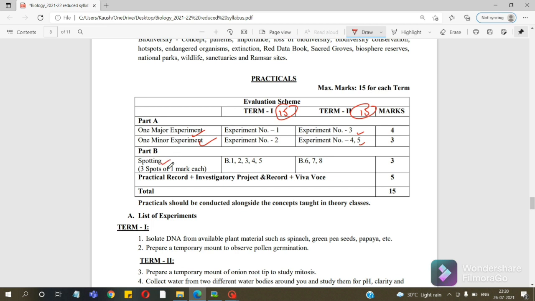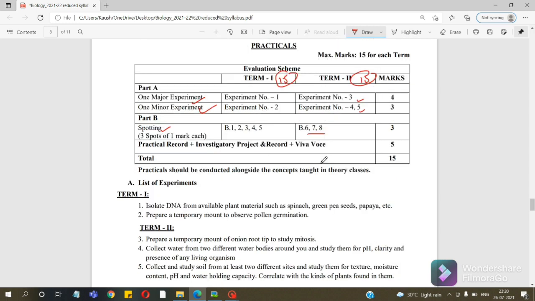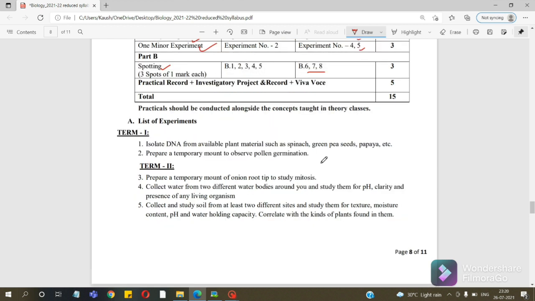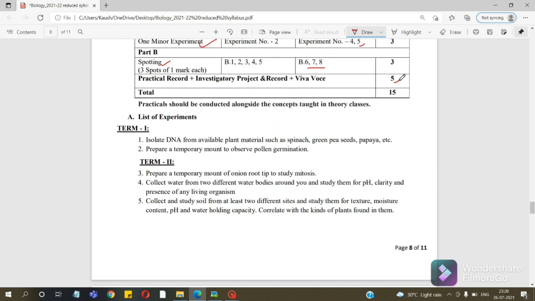In total you have 7 spotting: in Term 1 you have to go for 3 spotting, and in Term 2 there will be 3 spotting. Practical record, project and viva will be of 5 marks as earlier, and it will remain the same as before.